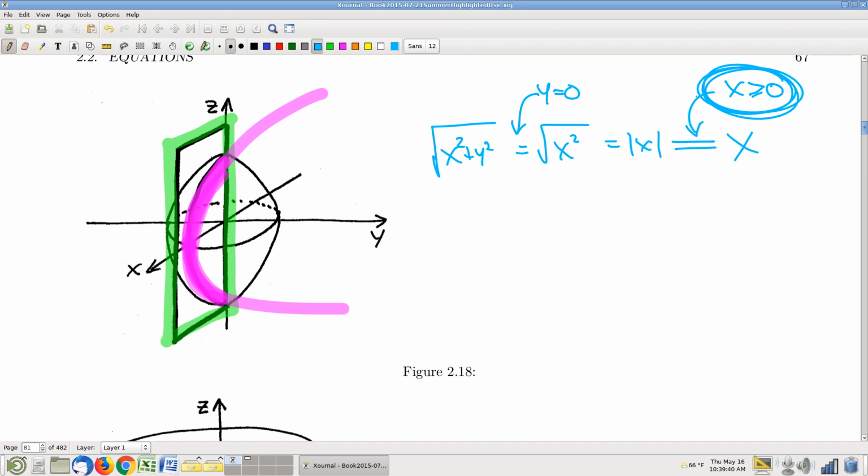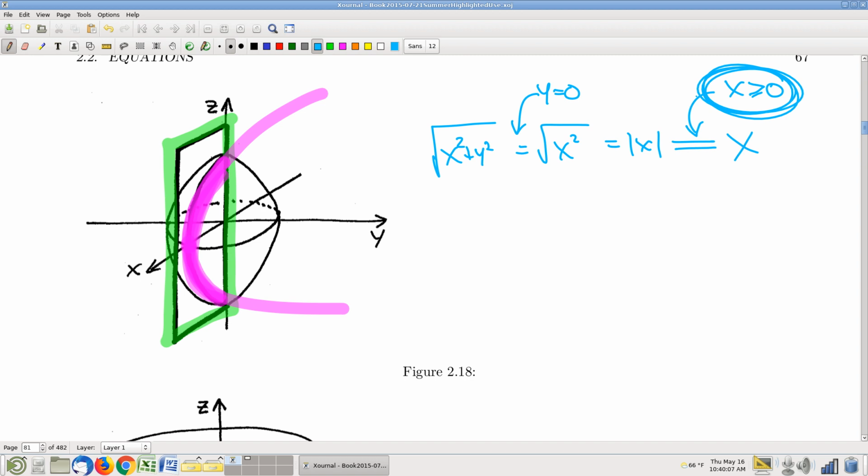Otherwise, we're stuck with this absolute value of x, and remember, algebra of absolute values is super annoying and confusing, and we don't want to do that, right? So very importantly, what I've actually concluded here is that my surface is not a rotation of this whole parabola. That whole parabola does not fit inside of this half plane. We're looking at the cross section only in the half plane. I know the half plane will be enough.